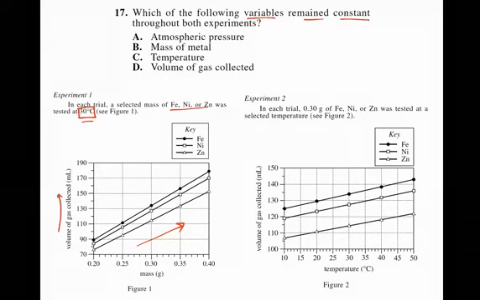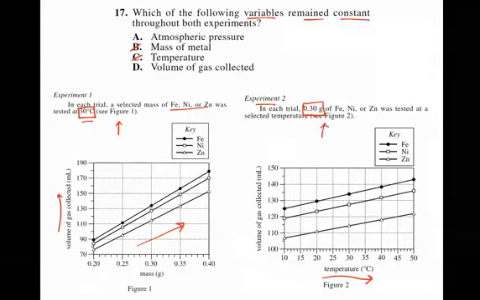In experiment 2, it looks like the mass is held constant, 0.3 grams, and then it's the temperature that changes. So in neither case were the temperature and the mass the same. Those were the variables, so those are not the answer. In this one, mass changed. In this one, temperature changed.